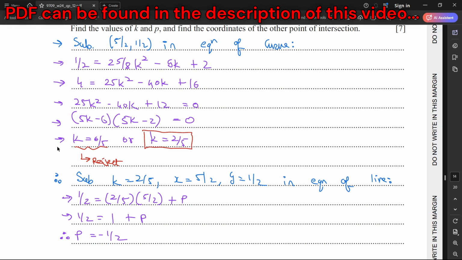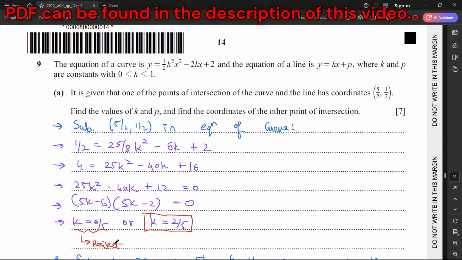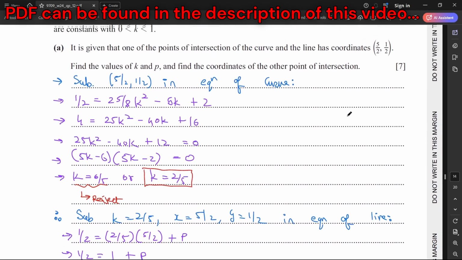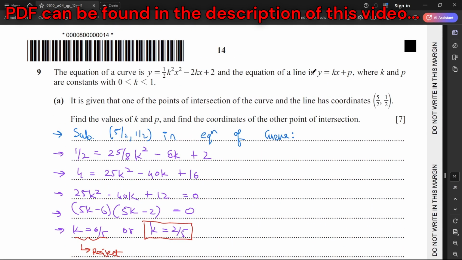And that is how you solve the first part of this question, where we are just getting the values of k and p. Now once we are having the value of k and p, we are also asked to find the coordinates of the point of intersection, the other point of intersection. So for that, because I need to find the point of intersection, first I'll need to equate my equation of curve with equation of line, by using the values of the k and p that we just found out.